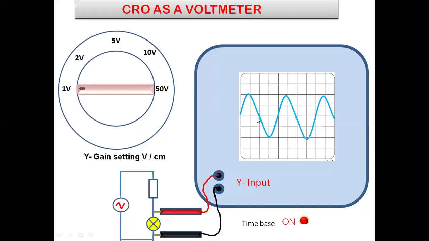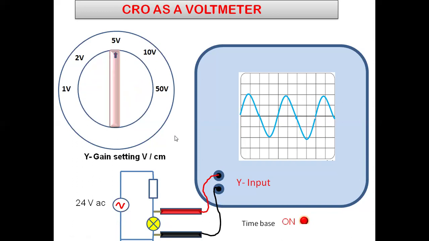And one wave occupies 4 blocks here. And the height of the wave, the amplitude of the wave, is 2 blocks. We can take either the positive peak or the negative peak. Both are occupying 2 blocks or 2 boxes.